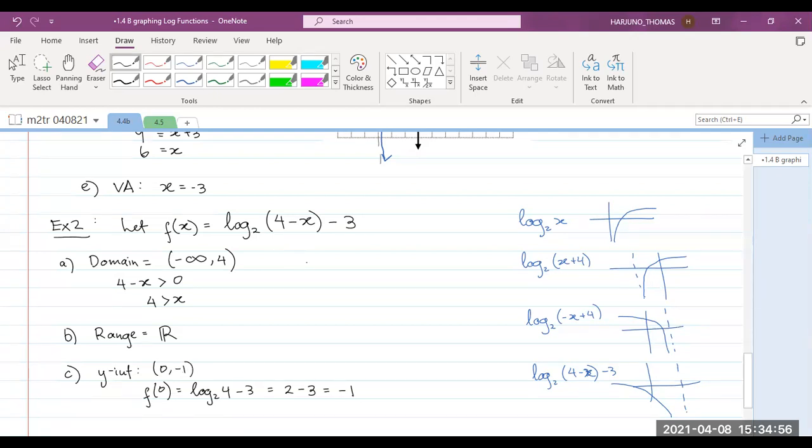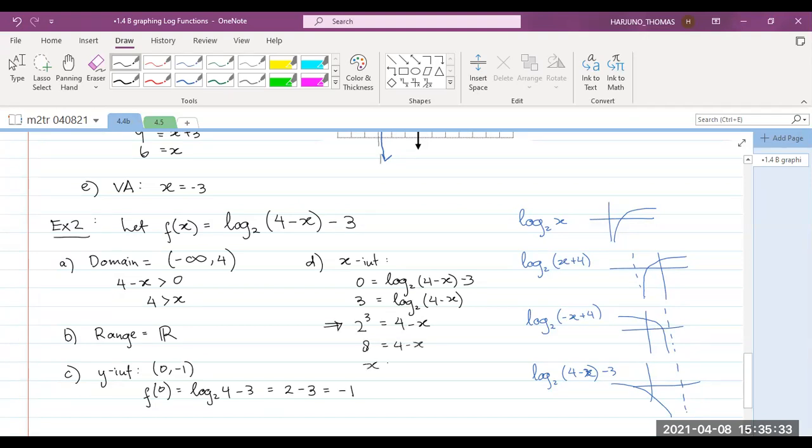And then how about the x-intercept? Let me do it here. 0 equals log base 2 of (4 minus x) minus 3. So 3 equals log base 2 of (4 minus x). Now change it to exponential form. 2 to the power of 3 equals 4 minus x. 8 equals 4 minus x.